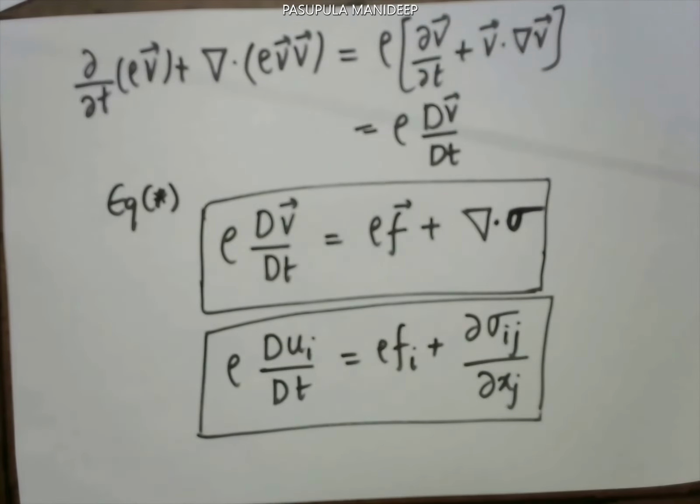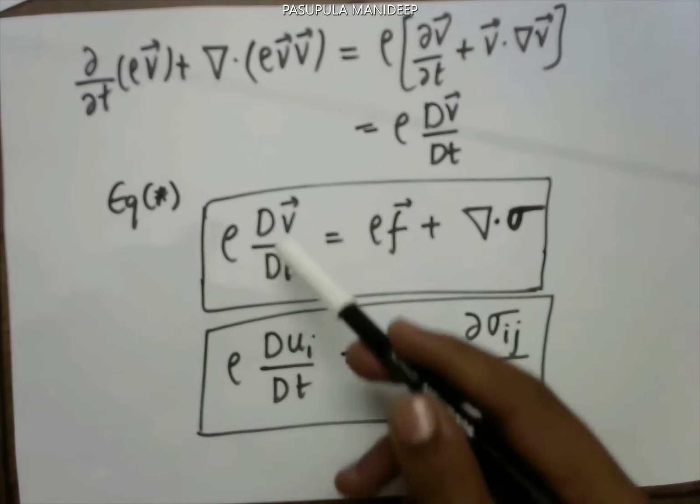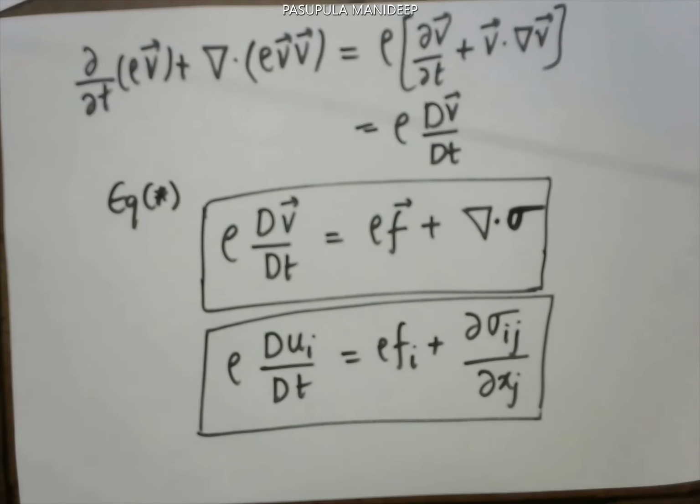Okay, this v and u are velocity, so I wrote u in terms of v.